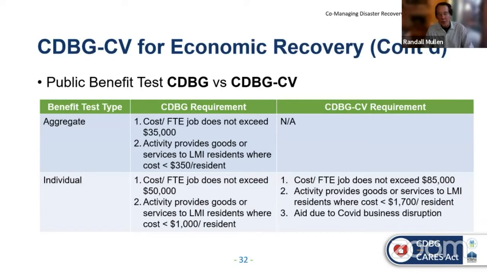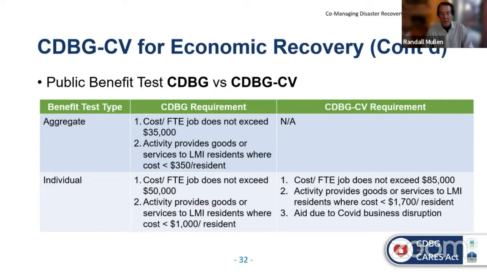Also, an alternative requirement modifies the so-called public benefit test. Again, if you attended the earlier sessions on economic development, you know about that test. For CDBG-CV funded jobs, it's different. Ordinarily, under CDBG, the test examines both aggregate and individual benefits.